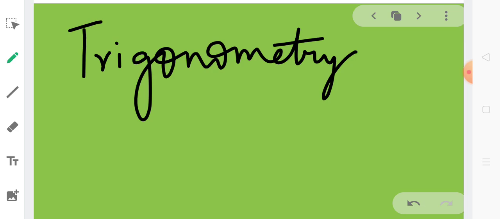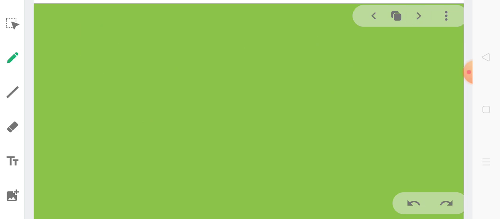Now, since these ratios are basically about different angles, today we will begin our discussion with the basic concept of an angle. So what is an angle? For this, let me draw a straight line and name it OX.